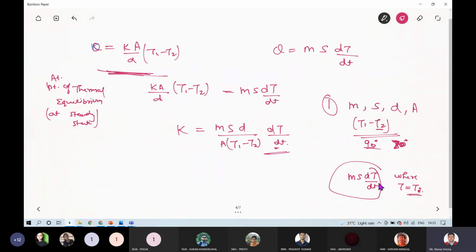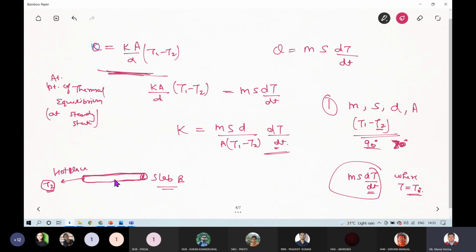So for finding this value of dθ by dt, what we will do is disassemble all these slabs. We will just take slab B, and we will start heating this slab directly on the hot plate with a thermometer in it, which is called the T2 thermometer.